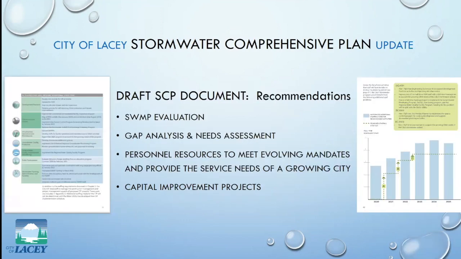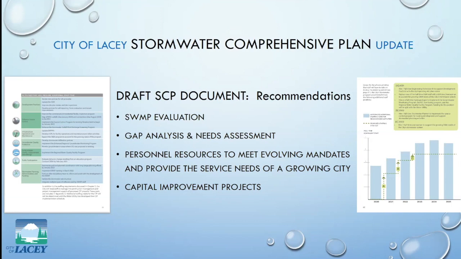The recommendations in the plan. First of all, there's an evaluation of our overall stormwater management program, our SWMP. And there's, along with that, the gap analysis and needs assessment, which compares our current programs and staffing levels to what we'll need to meet the 2019 through 2024 municipal permit requirements, which, remember, there's the ongoing plus the new, and so that's all taken into account.